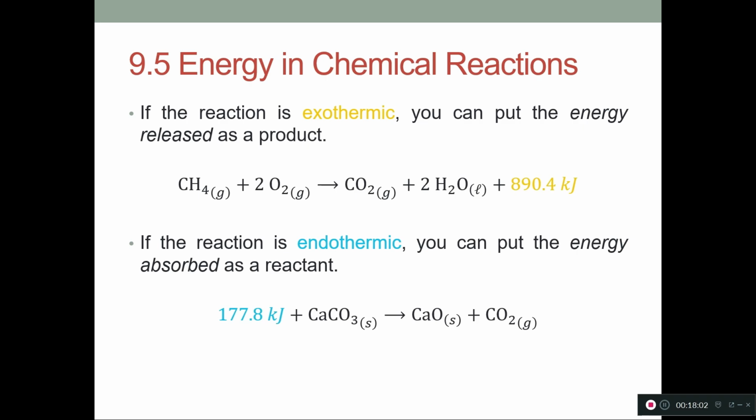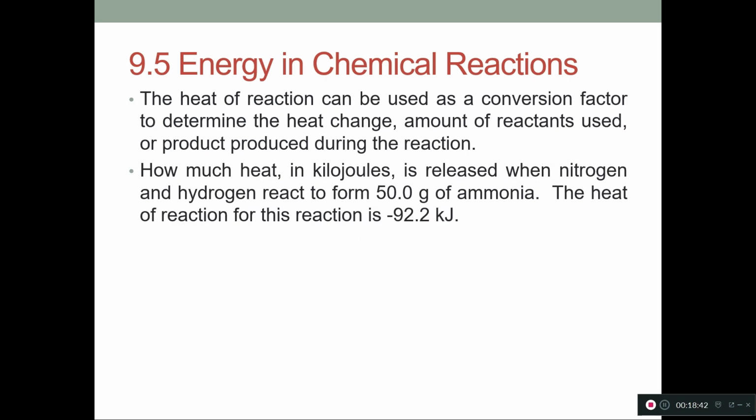So for instance, with the combustion of methane, it's like we have methane and oxygen becoming carbon dioxide and water and heat. Or in the endothermic one down here, we have heat and calcium carbonate becoming calcium oxide and carbon dioxide. So you don't want to think of those pluses in a mathematical sense, but more in a conjunctive sense. But when we do get to math using these numbers, then we do want to actually make sure that we have these signs on them.